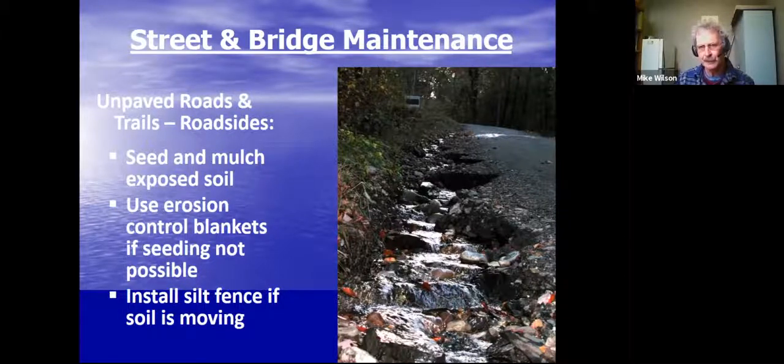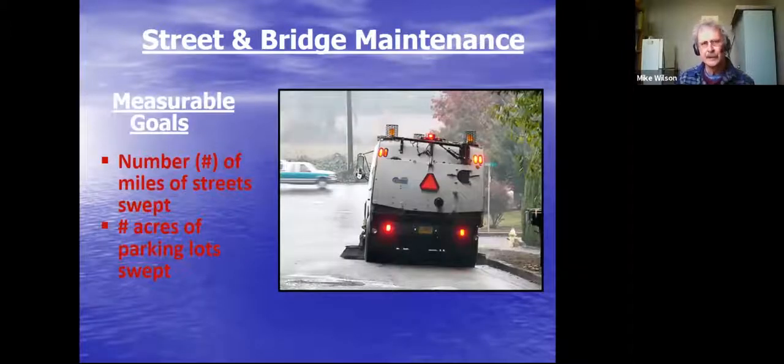So you want to inspect that. So what are our measurable goals for street and bridge maintenance? Number 1 is the number of miles of streets that have been swept. All right, the state wants to see that record. The number of acres of parking lots that you sweep.